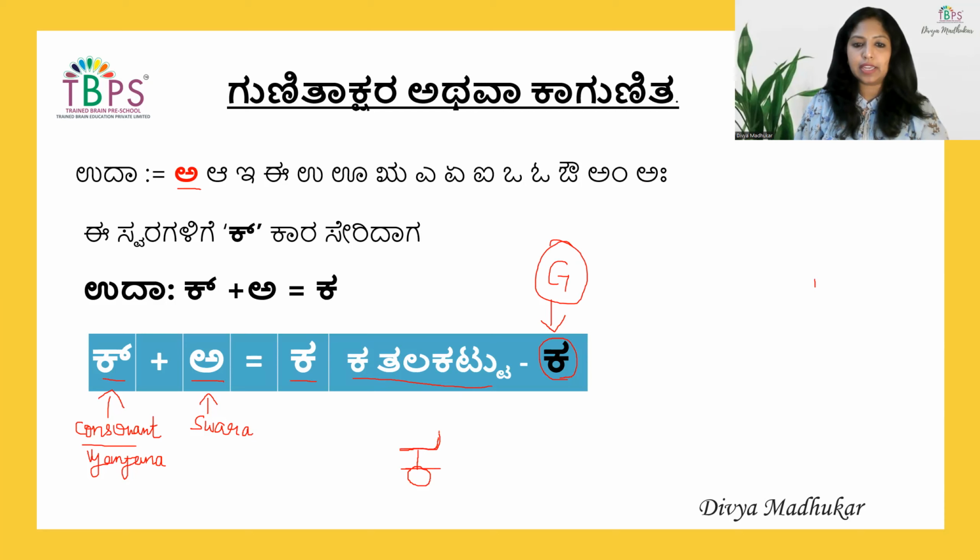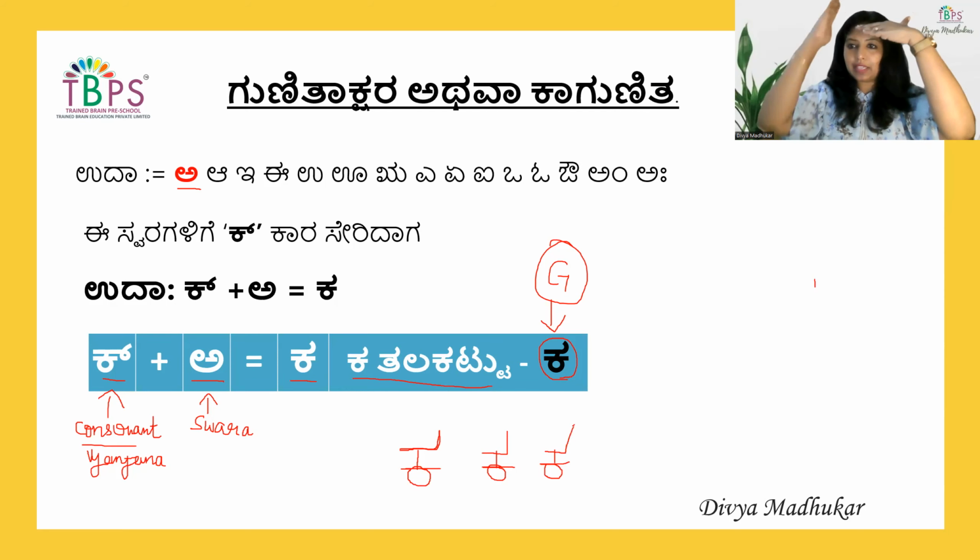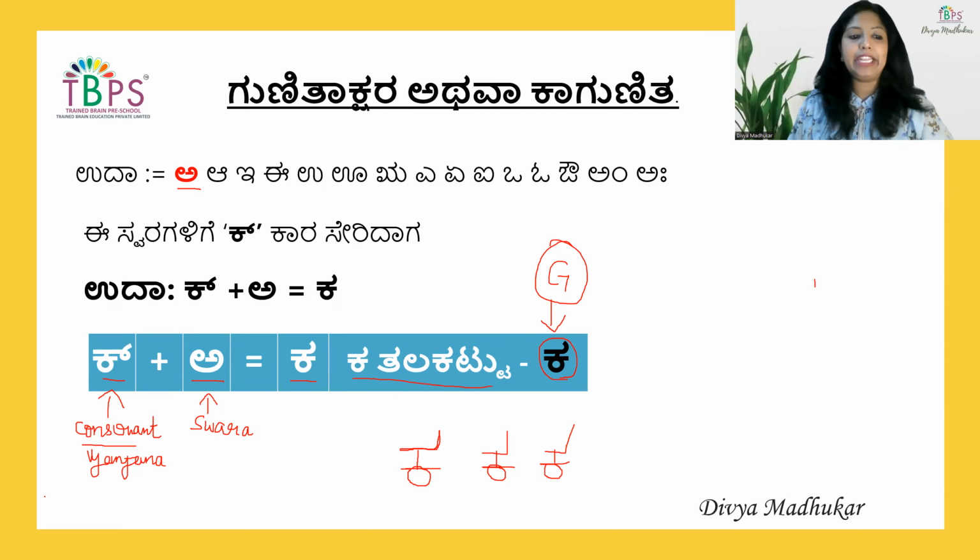Whenever you write the letter ka, you say and write ka talakattu ka. This is the writing notation of your first letter. So we got the first Gunithakshara.